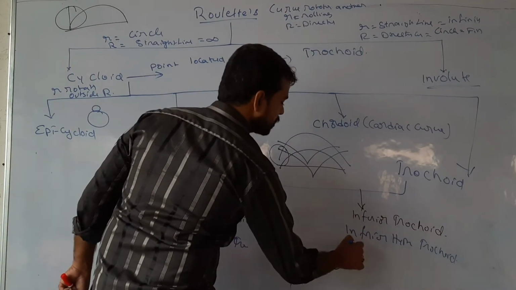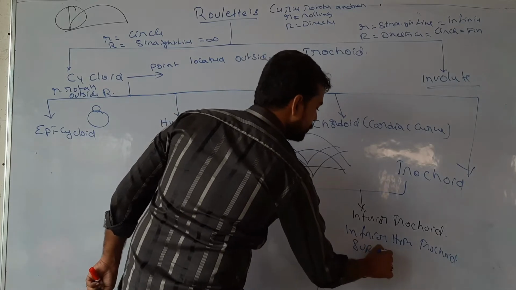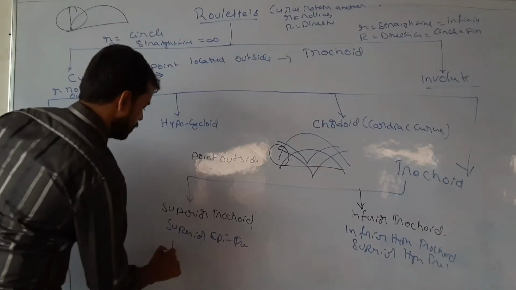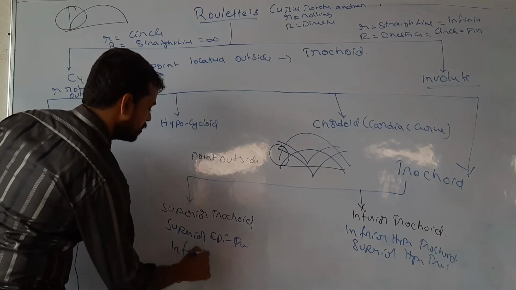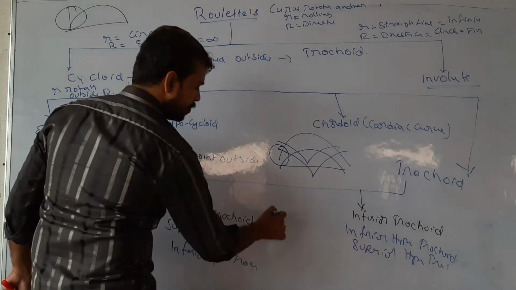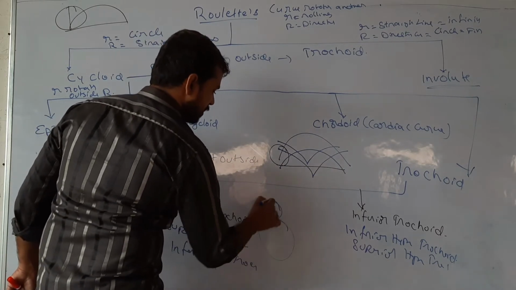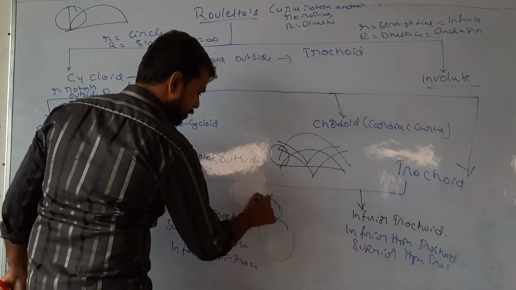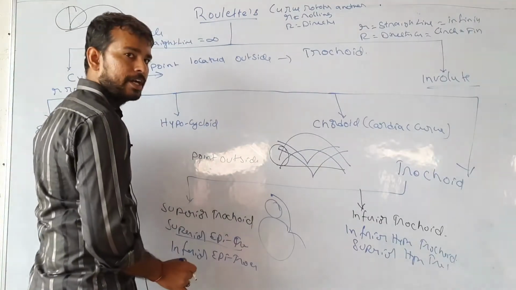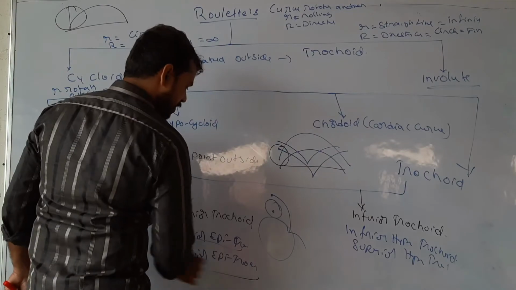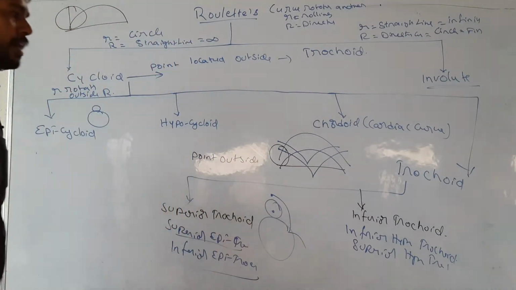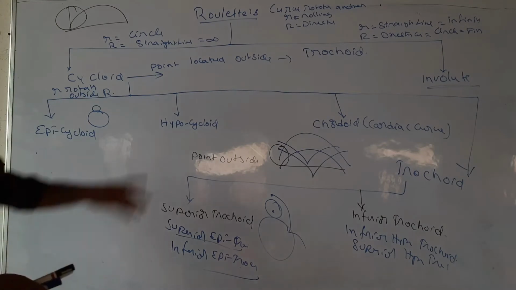And again here also superior hypotrochoid, inferior epitrochoid. The conditions are the same. This is the dissecting circle. If the point is located like this, you will get superior epitrochoid. If it is inside, inferior epitrochoid. In the same way, there is also hypotrochoid. Clear? So this is about Roulettes.